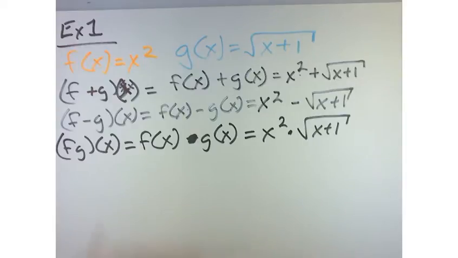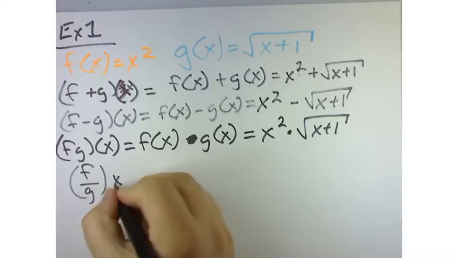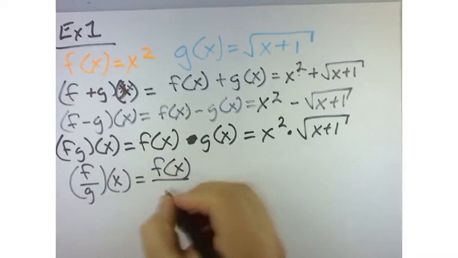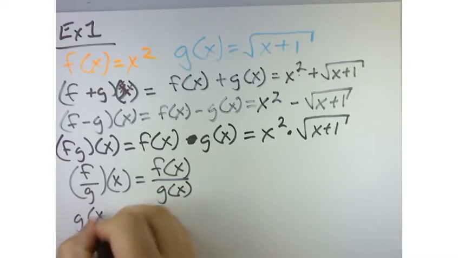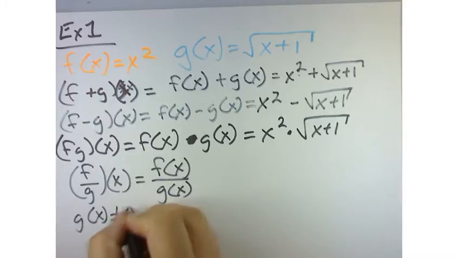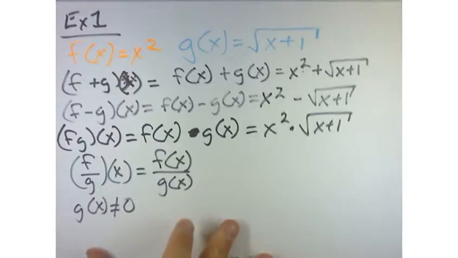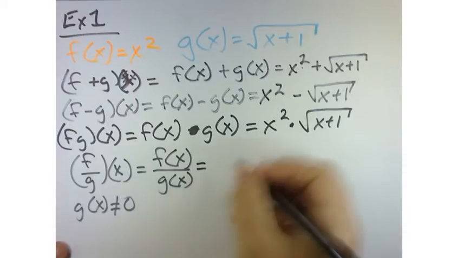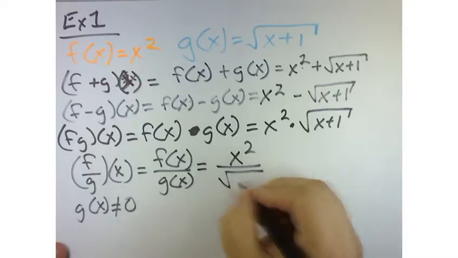And then lastly, if I say f over g of x, that's the same as f of x over g of x. Now remember, g of x cannot equal 0. We have to think about that later on, because we're going to come back and look at the domains of all these. And this is just going to be x squared over the square root of x plus 1.